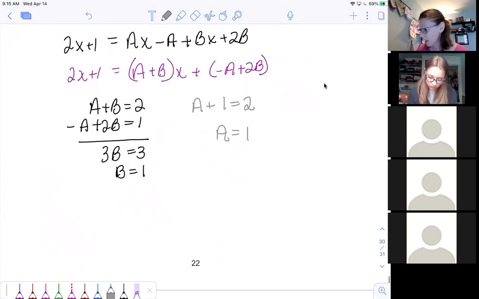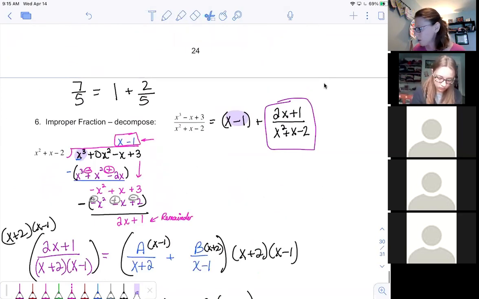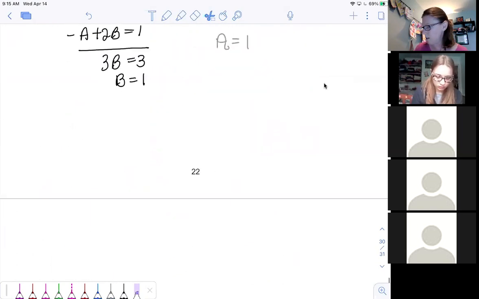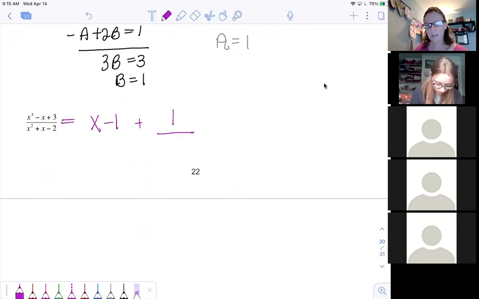So when I write the answer, we had our original fraction, and it is now equal to what we factored out, which was x minus 1. And then a is 1 over the factor x plus 2.